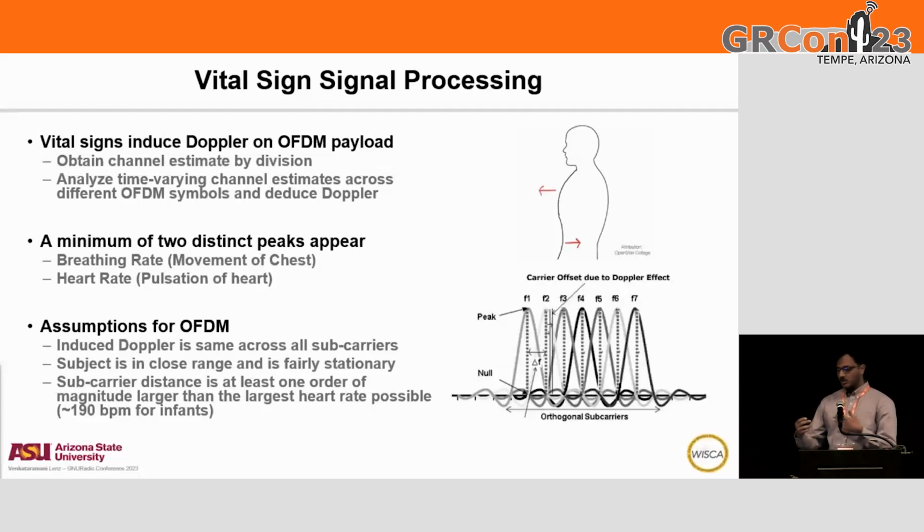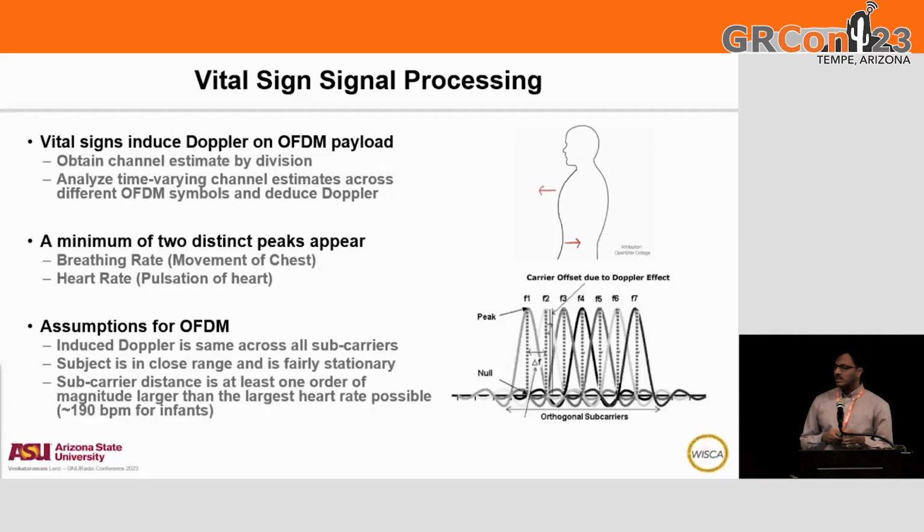So every time your chest moves back and forth, as shown in the dummy, it induces some motion, hence a Doppler. The heart rate, though, is more about the pulsation of the heart, so it's not easily visible, but it is possible to deduce that if the radar can penetrate enough. Or it induces motions on the surface.